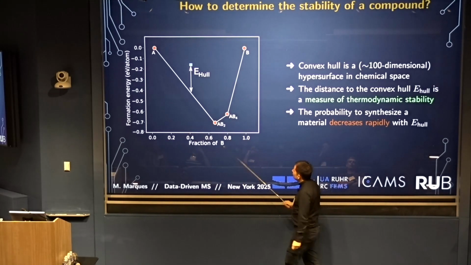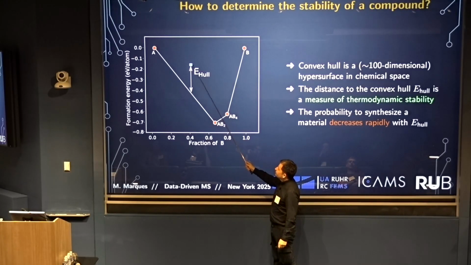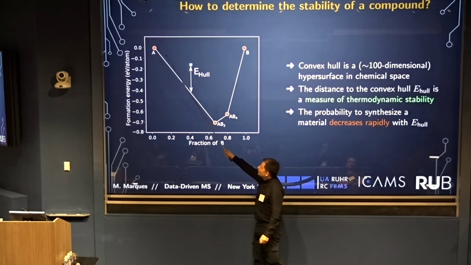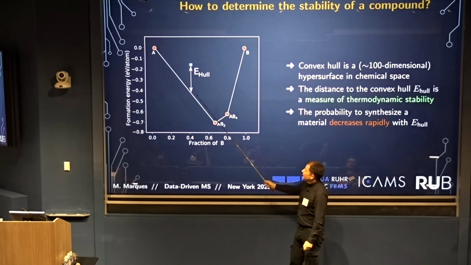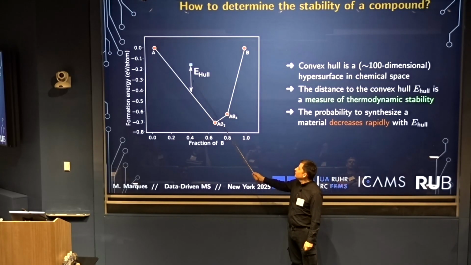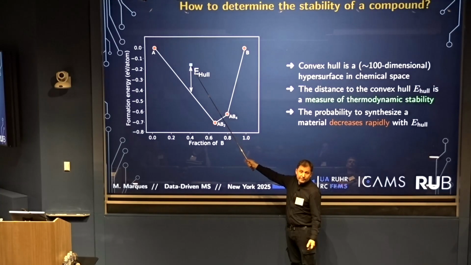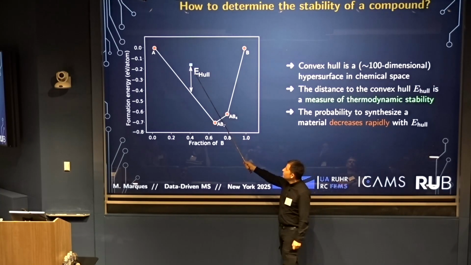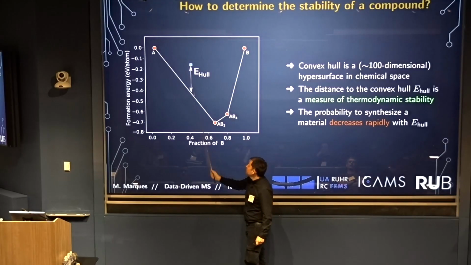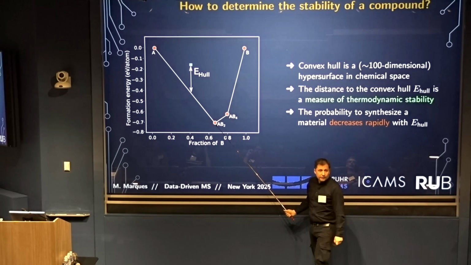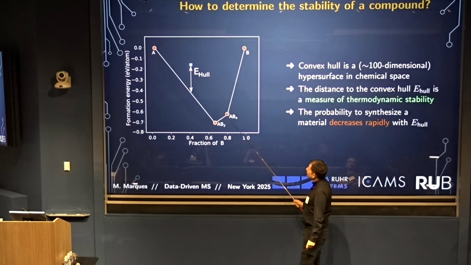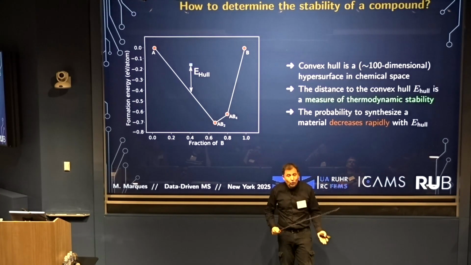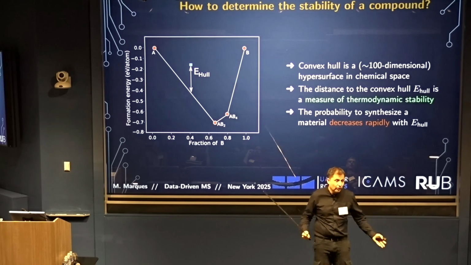If you have a point here, the linear combination of A and AB2 is lower in energy than this. So this is not stable, because it would gain energy by decomposing into A plus AB2. The compounds that cannot decompose are these, and they form a convex hull. It has to be convex.